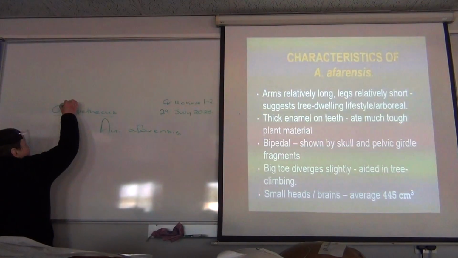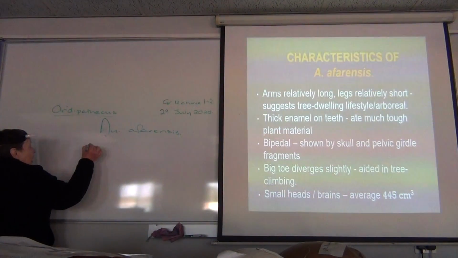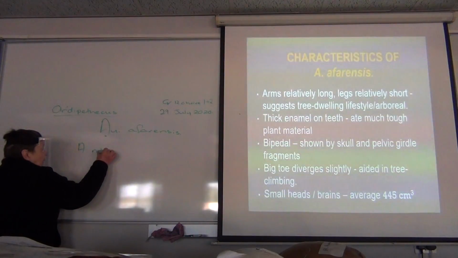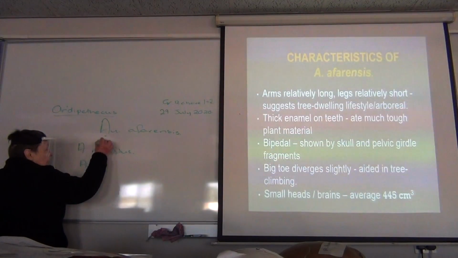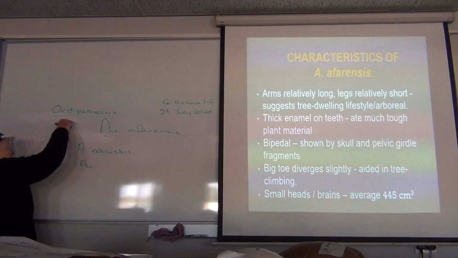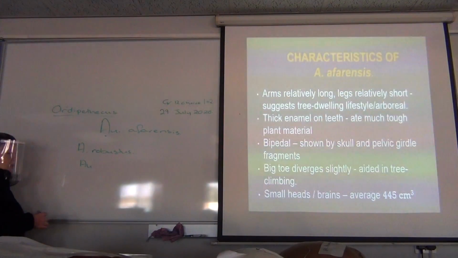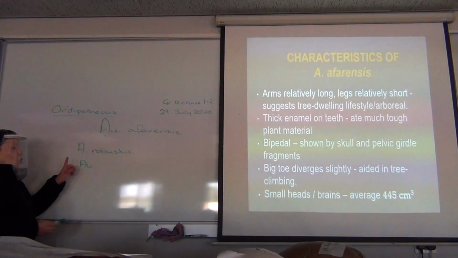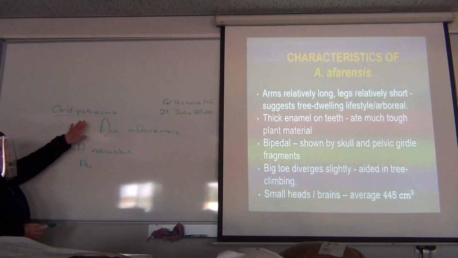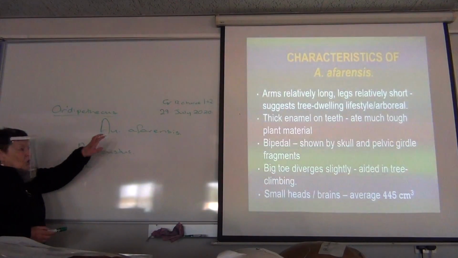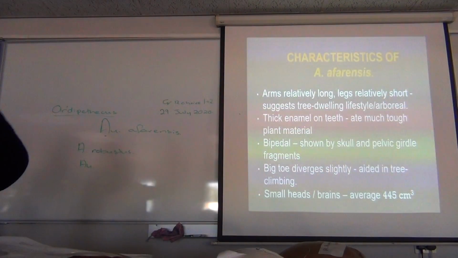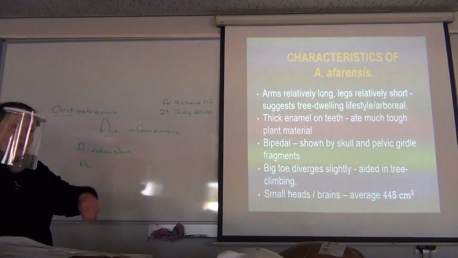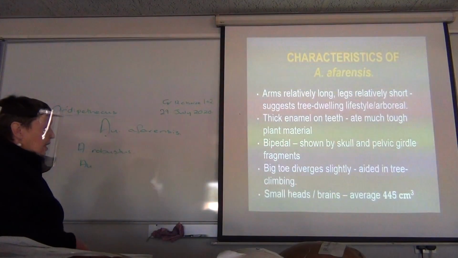Because this one evolved before that one, Ardipithecus is abbreviated as capital A, and Australopithecus is often abbreviated as Au. But because you don't have to study Ardipithecus, it's okay for you to abbreviate Australopithecus as capital A, as long as you write the whole name out first, and then in brackets state that you're going to abbreviate it as A after that.